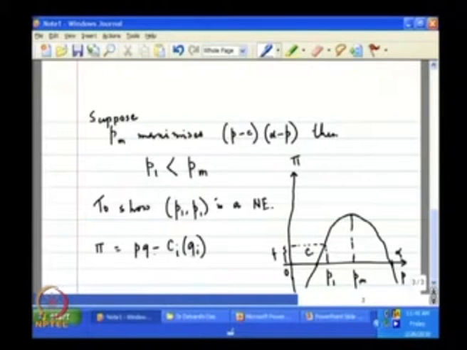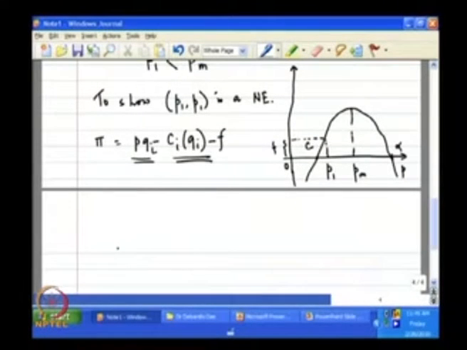CiQi, PQi minus CiQi minus F. This is the total revenue and this is the total cost. So, from here I can take Qi common.